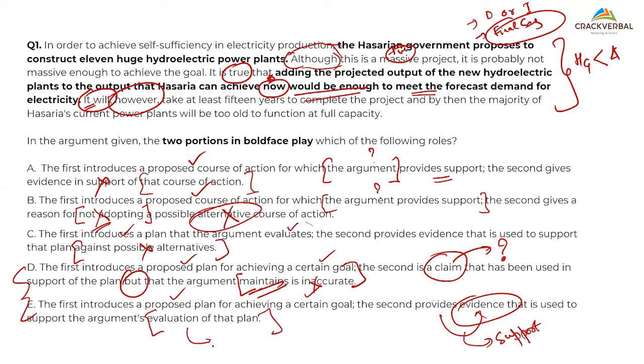When you say evaluate the plan, that is, is the plan logical or not? That is what the evaluation of the plan is. Now, what did you find out? It will, however, take at least 15 years to do this, and by then the majority. Now, when I come to option E, it clearly says that it is giving evidence that is used to support, but it is also raising a doubt on the eventual long-term feasibility of the plan, right?